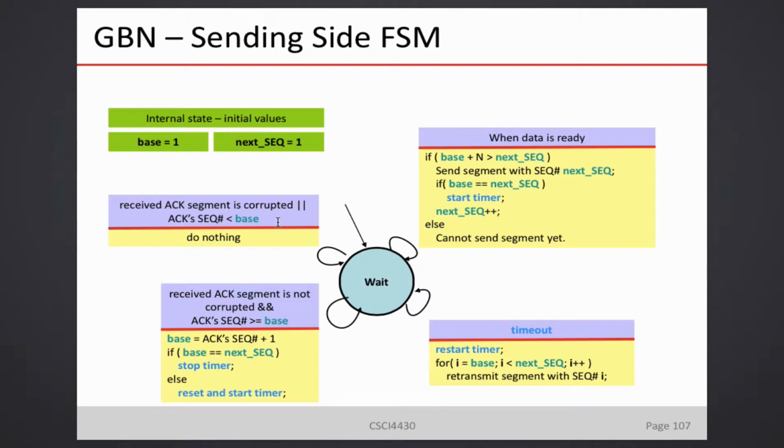Yeah, only looking at this state is enough. Okay, I give you 1 more minute.